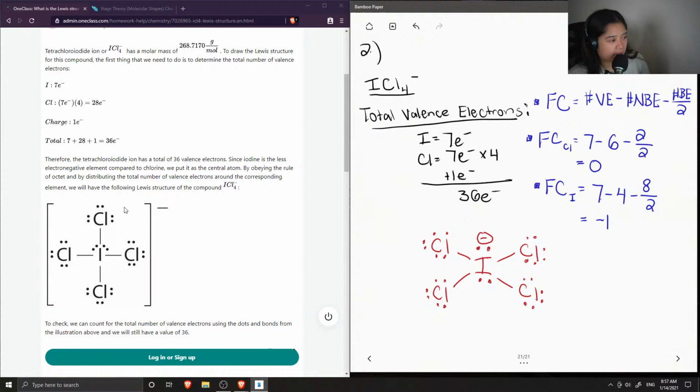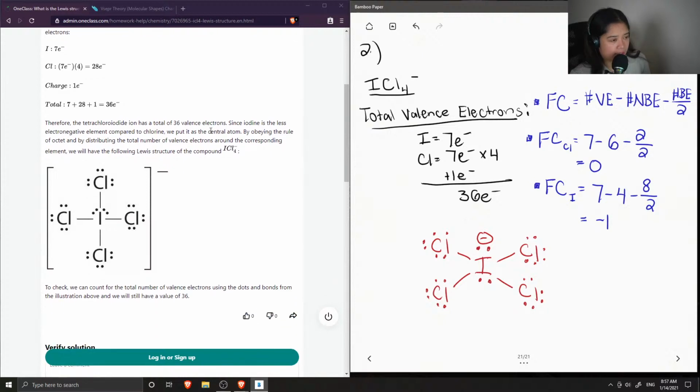Therefore, the tetrachloroiodide ion has a total of 36 valence electrons. Since iodine is the less electronegative element compared to chlorine, we put it as the central atom. By obeying the rule of the octet and by distributing the total number of valence electrons around the corresponding elements, we will have the following Lewis structure of the compound tetrachloroiodide.